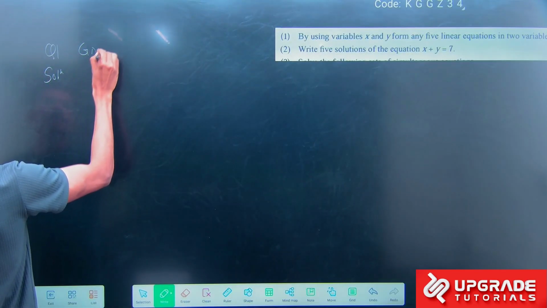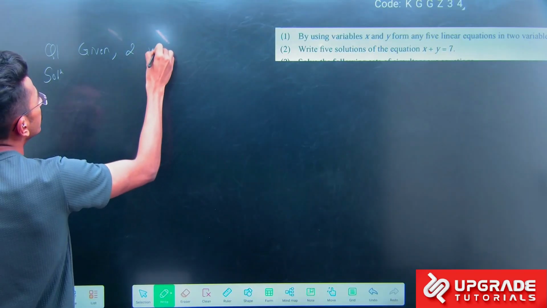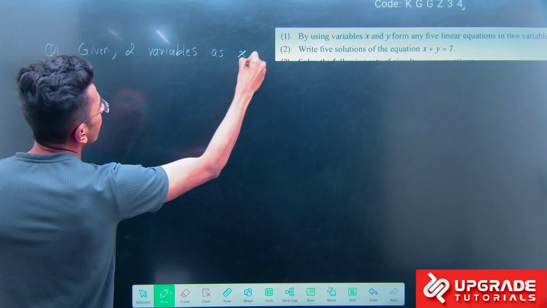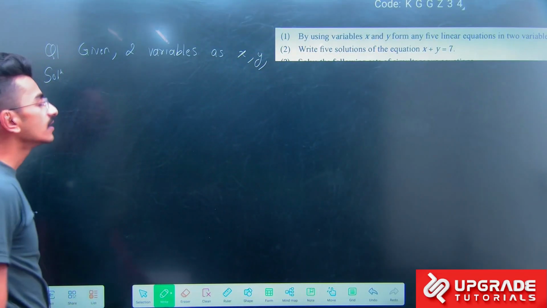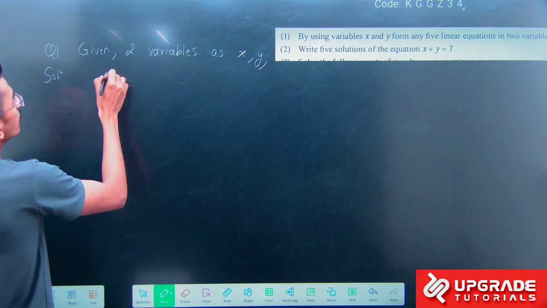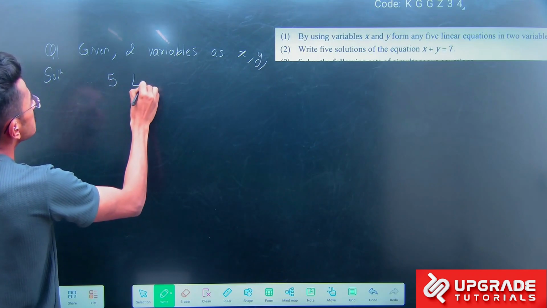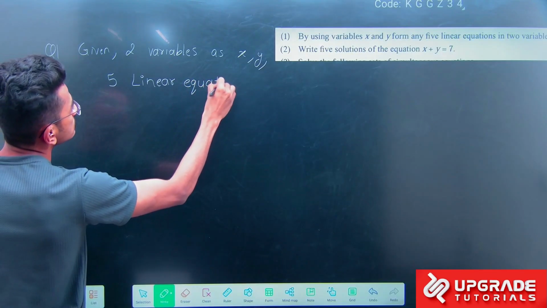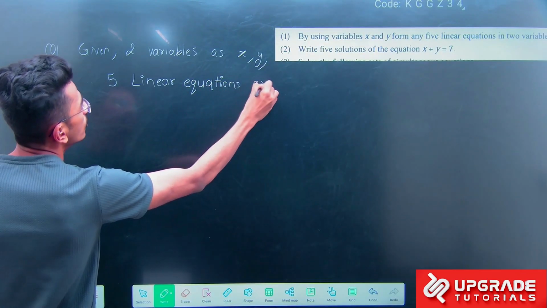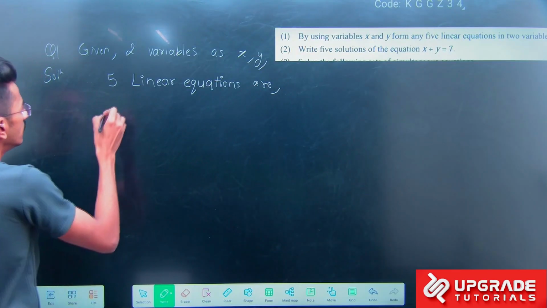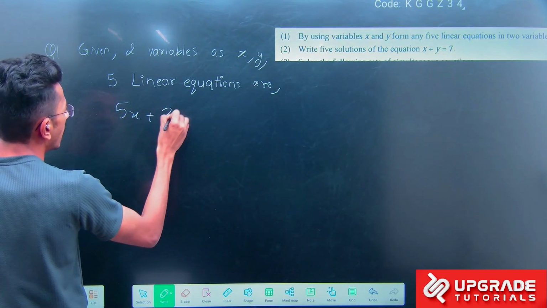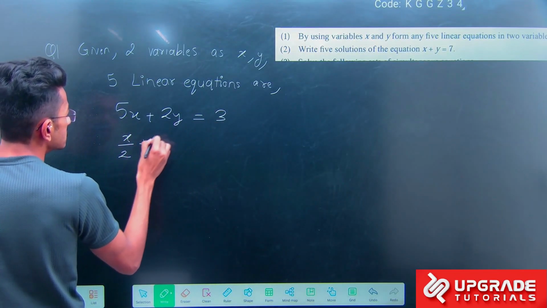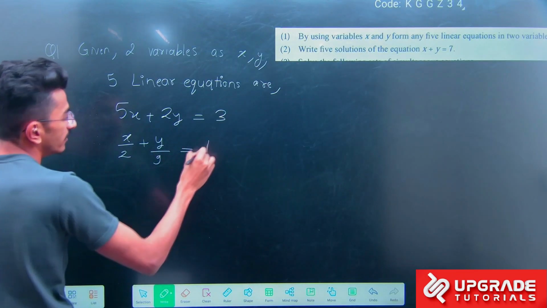Given two variables as x, y. Therefore, 5 linear equations are needed. You can write any 5 equations. It is 5x plus 2y equal to 3. x upon 2 plus y upon 9 equal to 1.